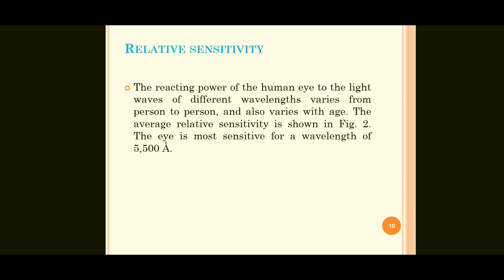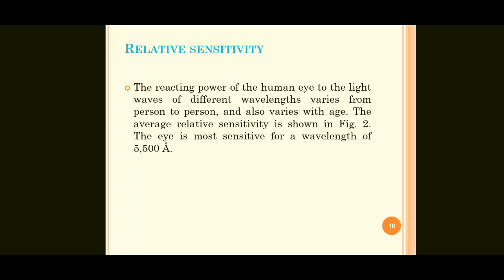Here the sensitivity and the wavelength are not constant for all human beings. It varies from person to person because it depends on a number of factors, age, person to person, etc. So the average relative sensitivity is shown in figure 2.